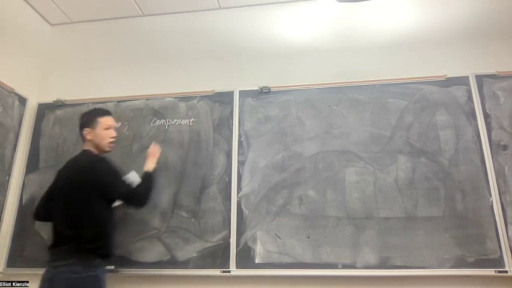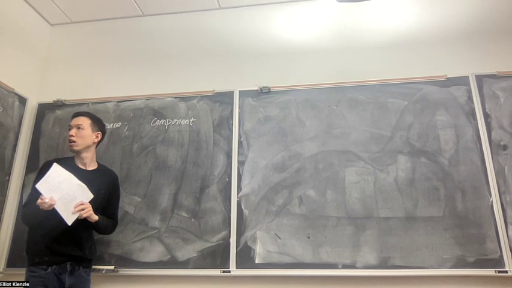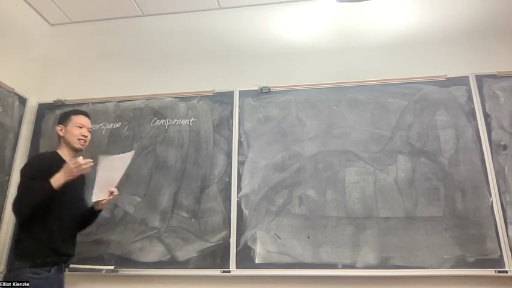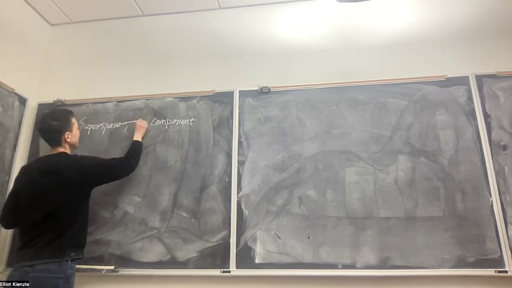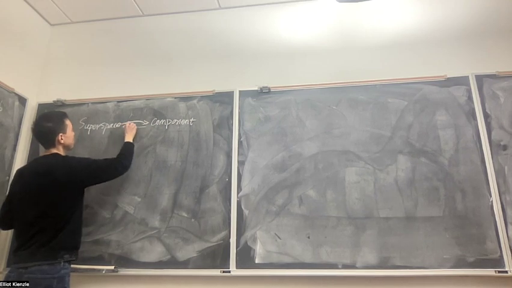Just one quick question. Should we be thinking of curly L as some kind of Lagrangian density? Yeah, the correct name is Lagrangian density, and we'll integrate it. Okay, that's what they call it. And I described a way to go from here to here, and usually it's hard to go back.